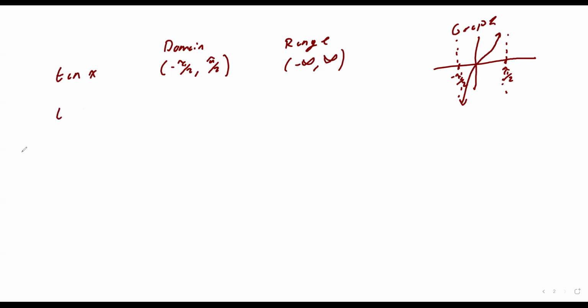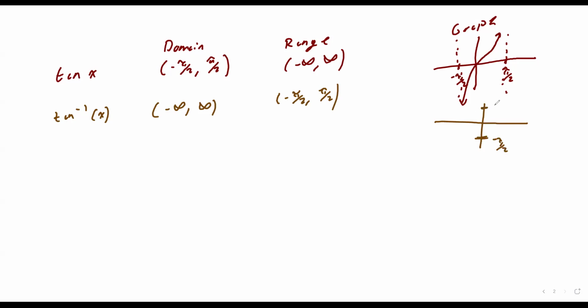Well, the inverse would just switch the domain and range. And your graph now would look like, where this is now negative pi halves. This is pi halves.